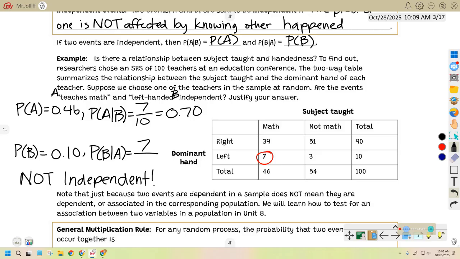For P(B given A), it's the count for both over the count for A. How many math teachers? 46, so 7 out of 46. We need a calculator for that. And I get 0.152.